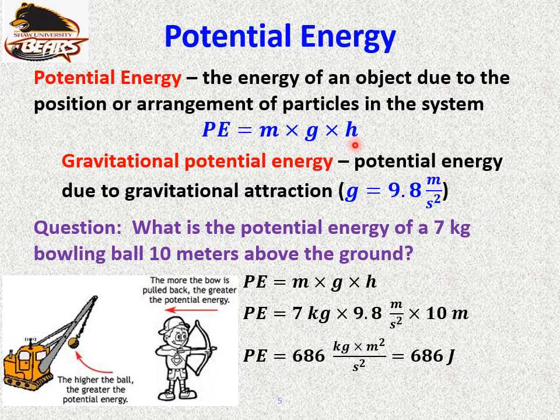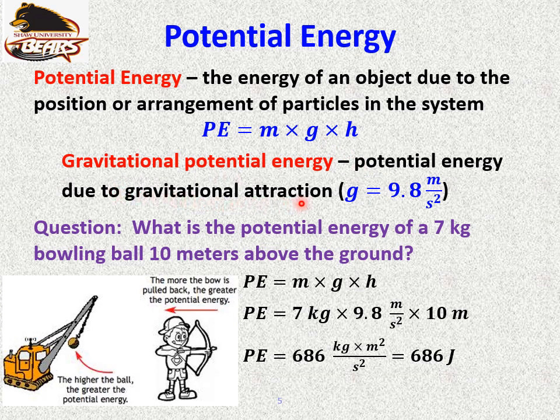If you do the work to raise the book this much distance, you have to do this much work, but the energy is not gone. The energy is transferred from your body. The chemical energy goes to the potential energy. So the potential energy has this much height. Gravitational potential energy in particular, as in this case, is due to gravitational attraction.